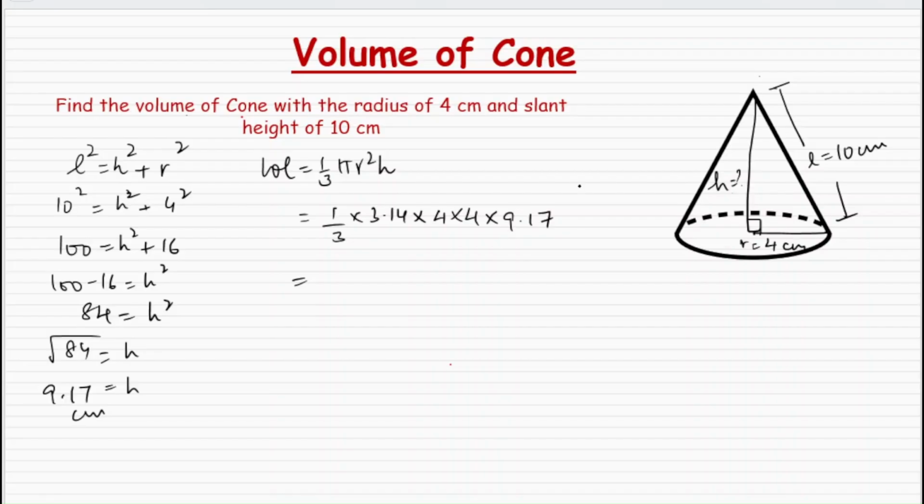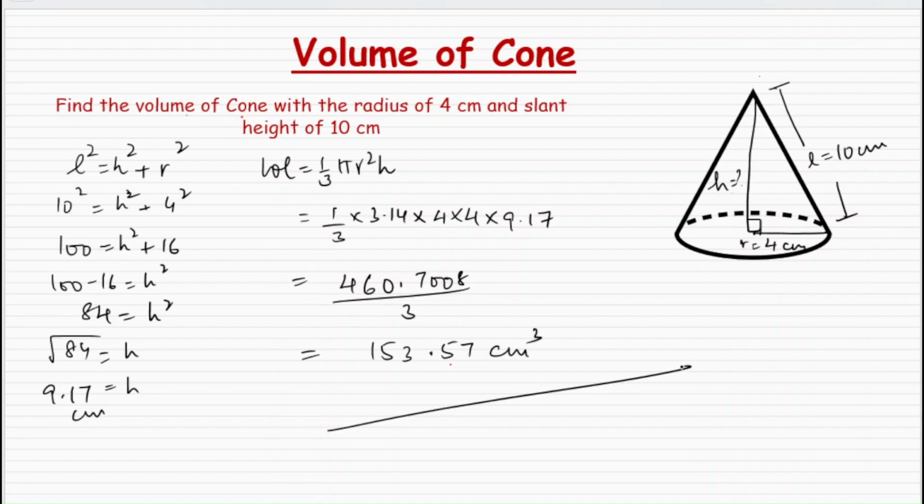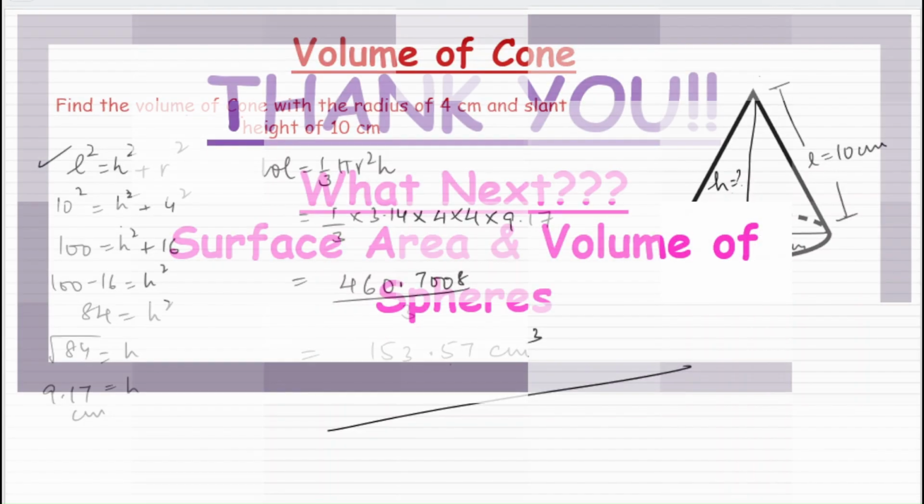So when you multiply all these three numbers, your answer would be 460.7008 divided by 3, and on division your answer approximately will be 153.566 something. So I will make it 153.57 centimeter cube, and that's the volume of this cone. So out of L, radius and height, if any one of the quantities is missing, use the Pythagorean theorem to find out the missing quantity.